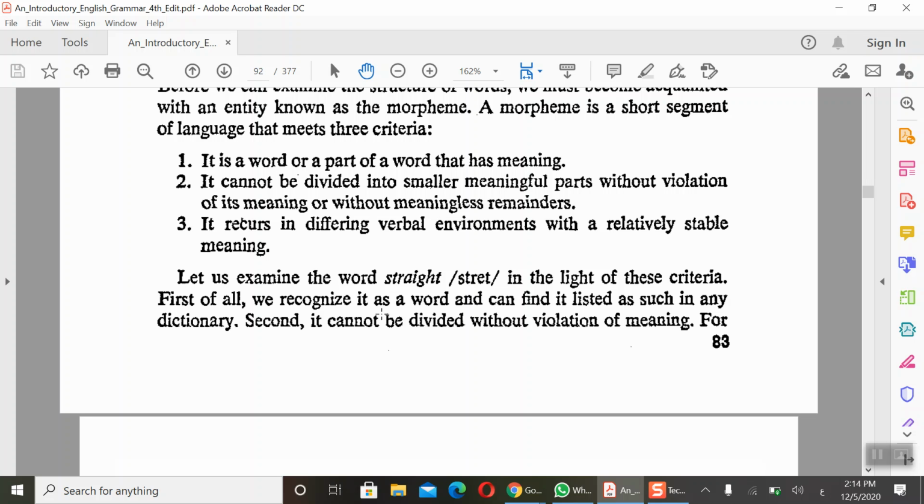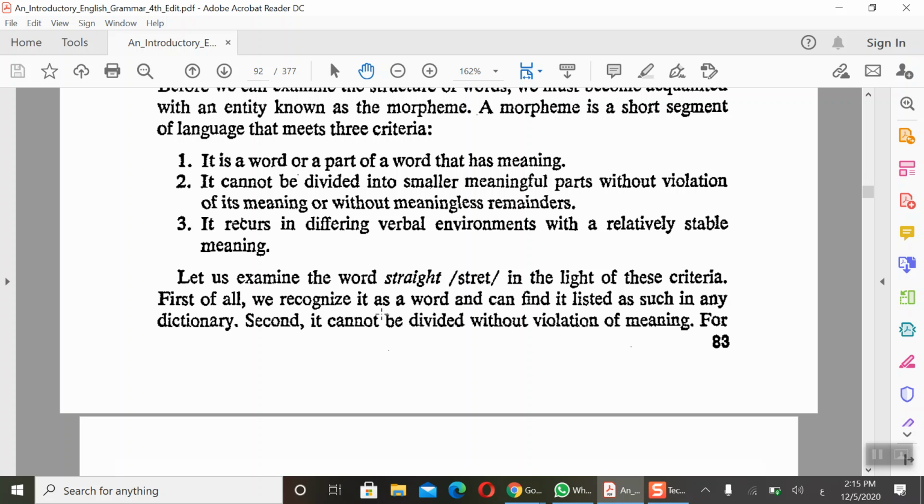Sometimes when you find a word and you want to know whether it is meaningful, an English word or not an English word, you can go to the dictionary and check this word. If you check this word and you don't find it in your dictionary, it means that this word is not English, or this word is not a morpheme.